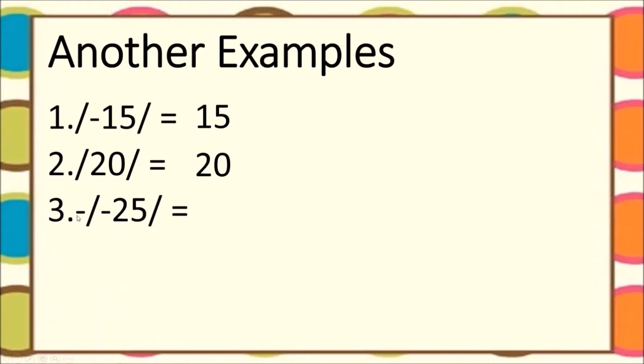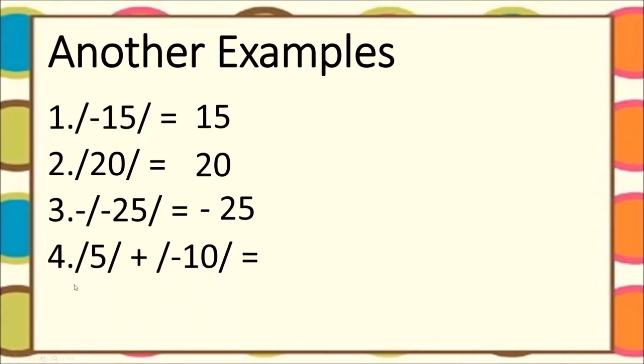Kokopyahin natin ang negative dahil wala naman siya sa loob ng absolute value. So therefore, it is equal to negative 25. Number 3, with operation. So to solve absolute value with operation, isa-isa muna natin isi-simplify ang kada absolute value niya.